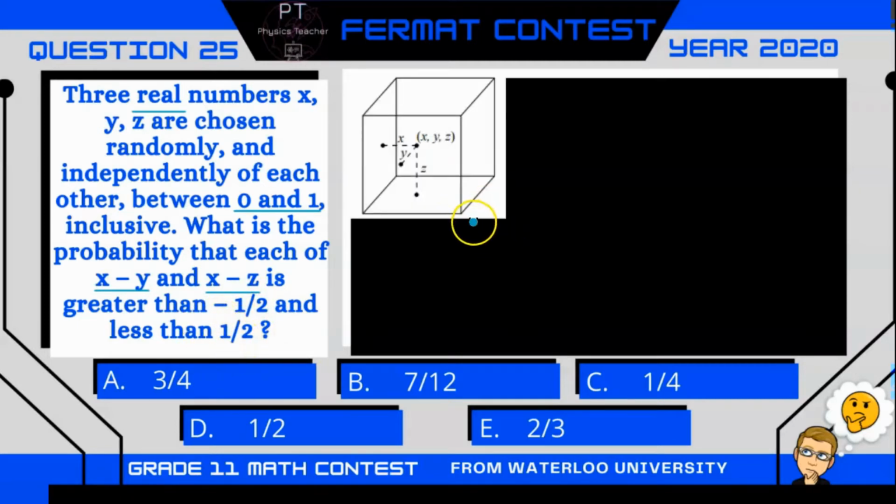Alright, so let's do this. We're going to take a cube, each with dimension of 1, so length, width, and height are all equal to 1.